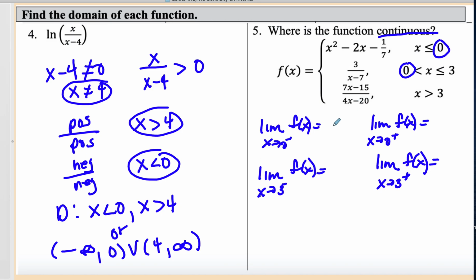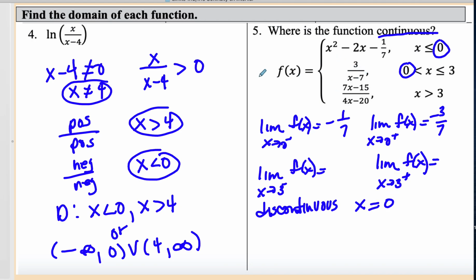From the left, the answer will be -1/7. And from the right, if I put 0 in here, it'll be -3/7. So clearly these limits are not the same. So we know that it's discontinuous at x equal to 0.